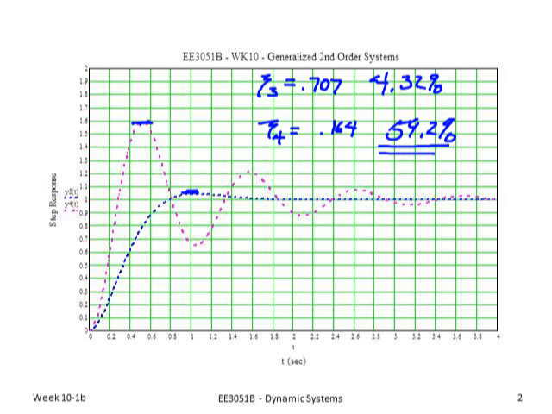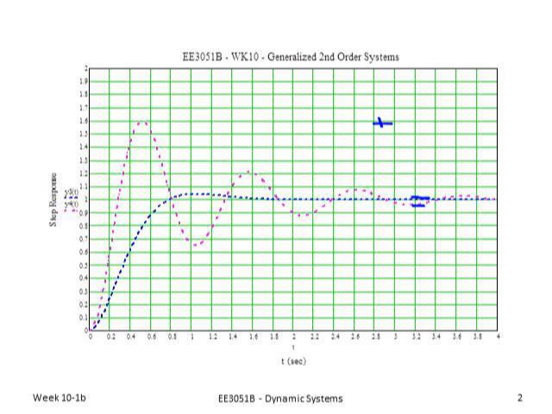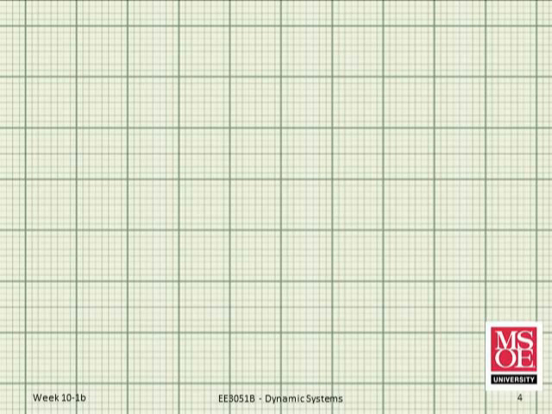Now let's investigate something called the settling time. The settling time is defined as the time it takes to be within plus or minus 2% of the steady state value, and that's defined as the settling time, or T sub s. We can compute the settling time from the following equation, which is also derived in your textbook.